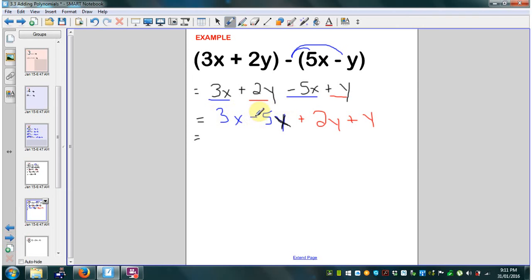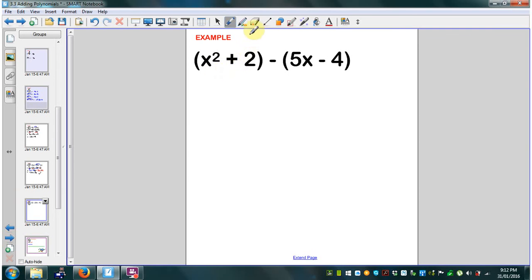So 3x minus 5x is minus 2x, and 2y plus y is plus, and you can write your 1 in here if you need it, 2y plus 1y is 3y. So that's our simplified answer. So you can see after this first step, after you switch the signs of your terms, everything is similar to what we've done.